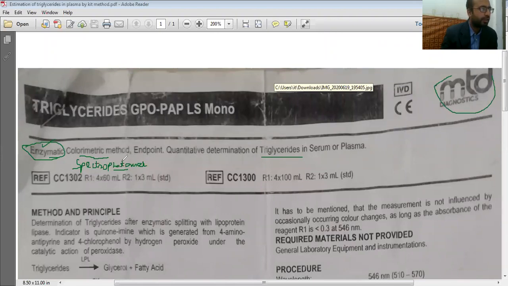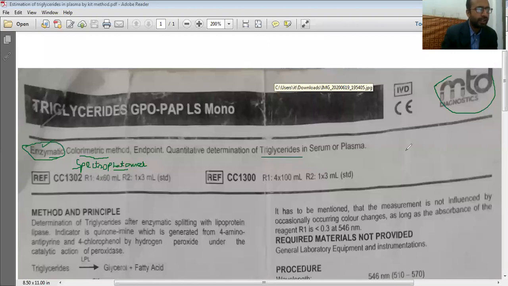These enzymes and reagents are provided by this MTD diagnostic kit. There are different diagnostic companies which provide kits for different biochemical tests.